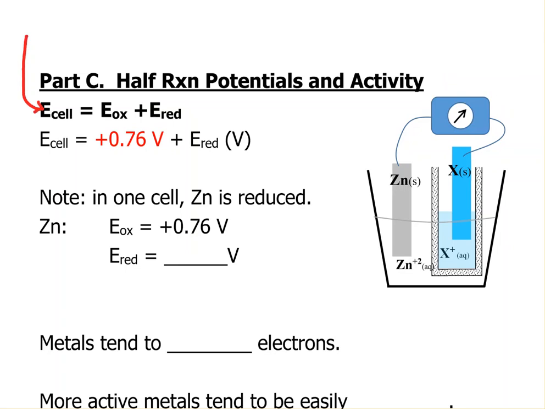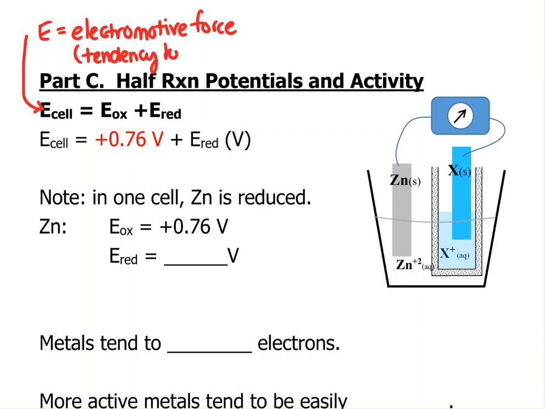E cell, E stands for electromotive force, and that just means tendency to move electrons. And it's because of the move electrons that it's called electromotive force.